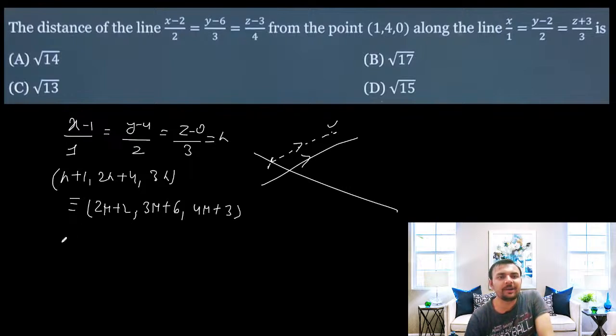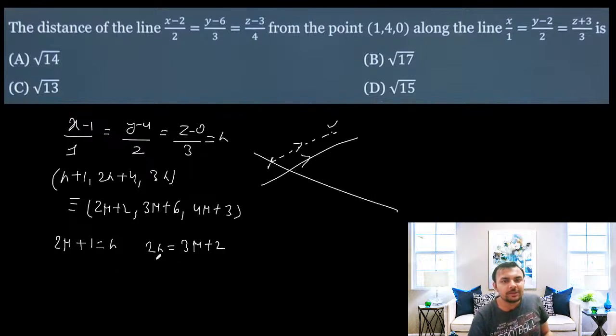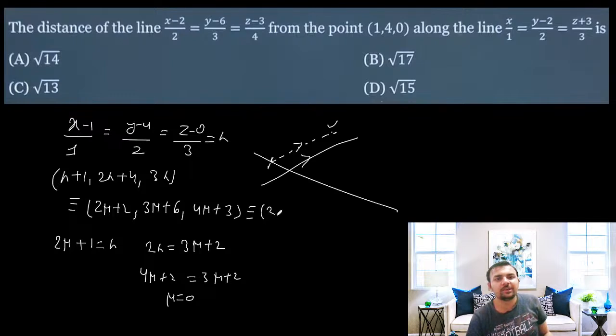If you compare, it is 2 mu plus 1 equal to lambda. And if you compare, 2 lambda equal to 3 mu plus 2. Okay, so in place of lambda if you put this, it is nothing but 4 mu plus 2 equal to 3 mu plus 2. So mu is 0. If mu is 0, the point will come out to be 2, 6, 3.